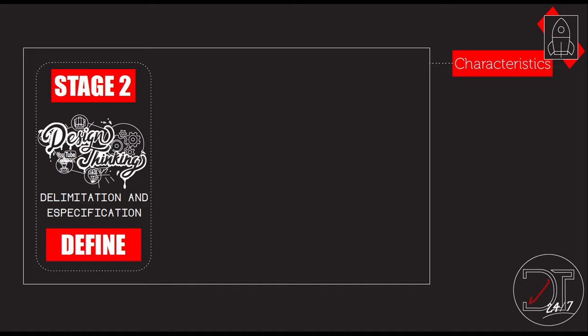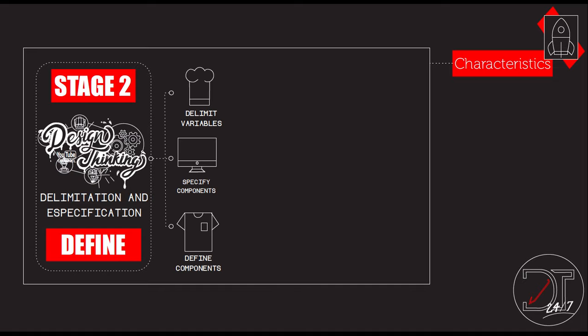That is why delimitation and specification are very important. What you do is delimit variables, specify components, and define components. Because if you are making a project that is too open, it will be very, very difficult to work with. So you have to be very specific.